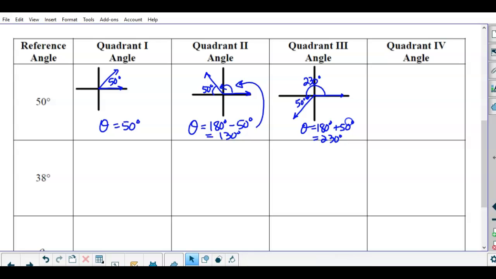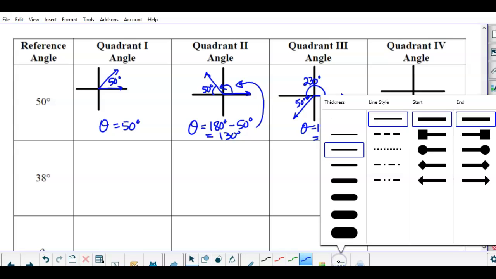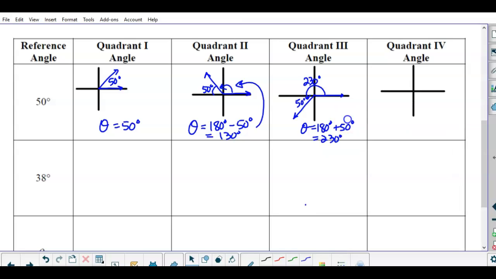Quadrant 4, reference of 50. So this would be 50 here, but we want from initial arm to the terminal arm. So that's going to be 360 minus the reference, is 310.